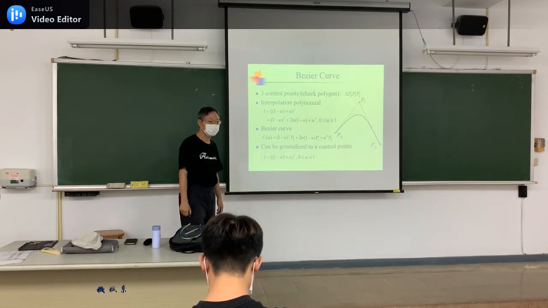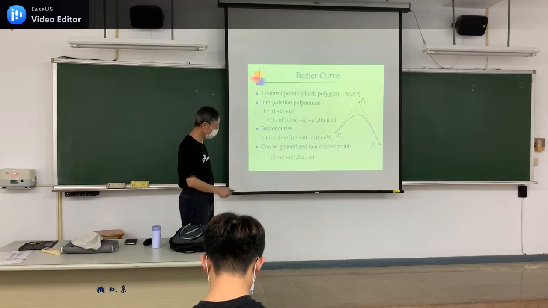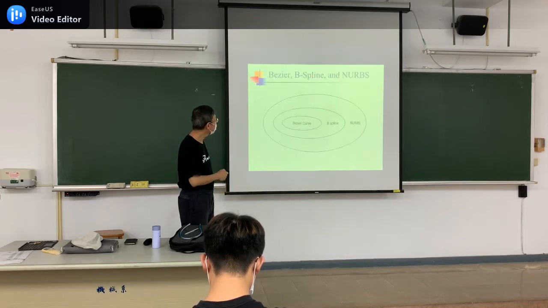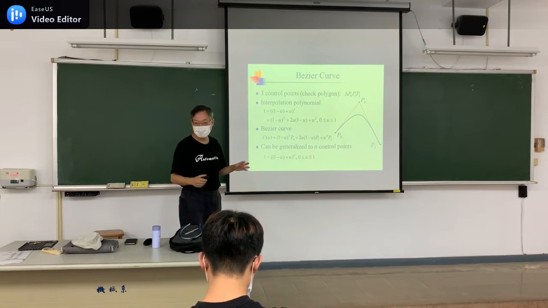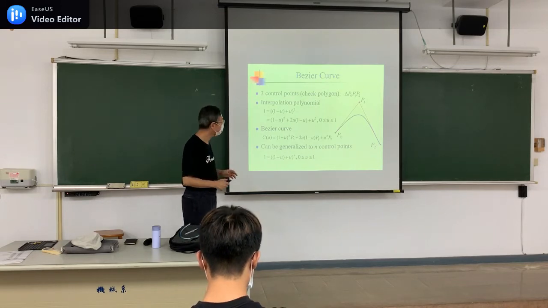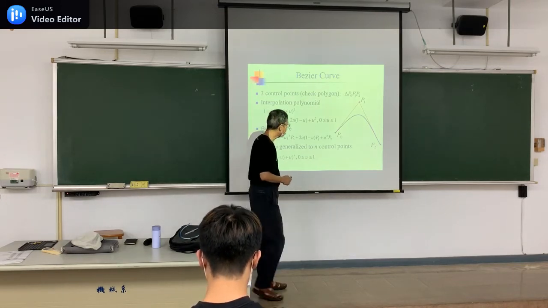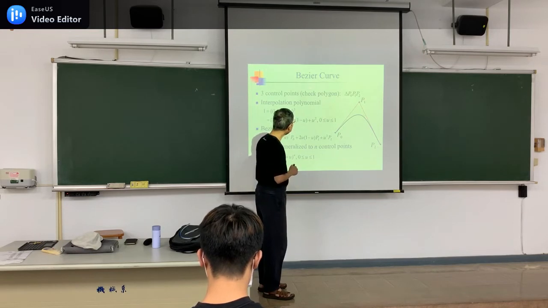And the so-called Bezier curve runs here. This is what we call the convex hull property, meaning that the generated curve will be inside the check polygon.